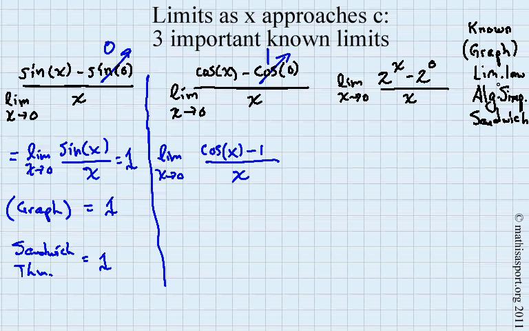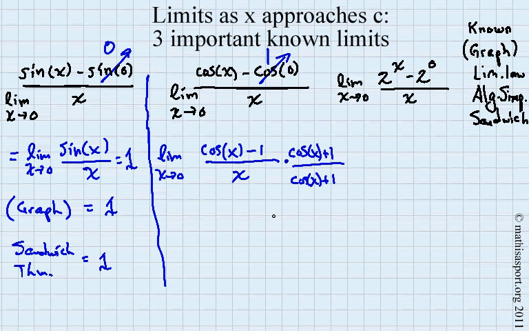If we were to use the limit laws, of course, we would get 1 minus 1 over 0, and that would be 0 over 0, an indeterminate form. But in fact, there's an algebraic simplification that we can do to solve this one. And that is, we're going to multiply it by cosine x plus 1 over cosine x plus 1.